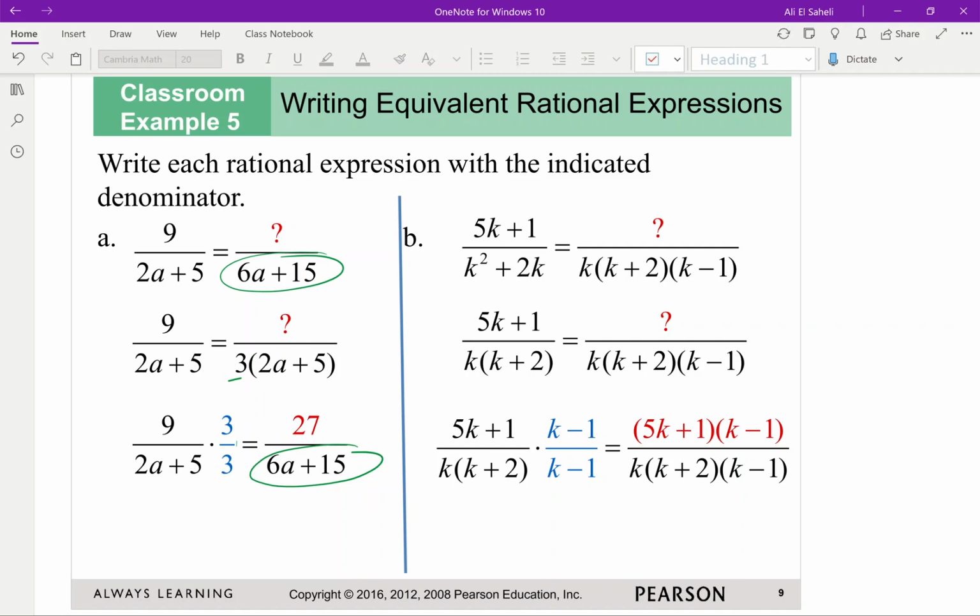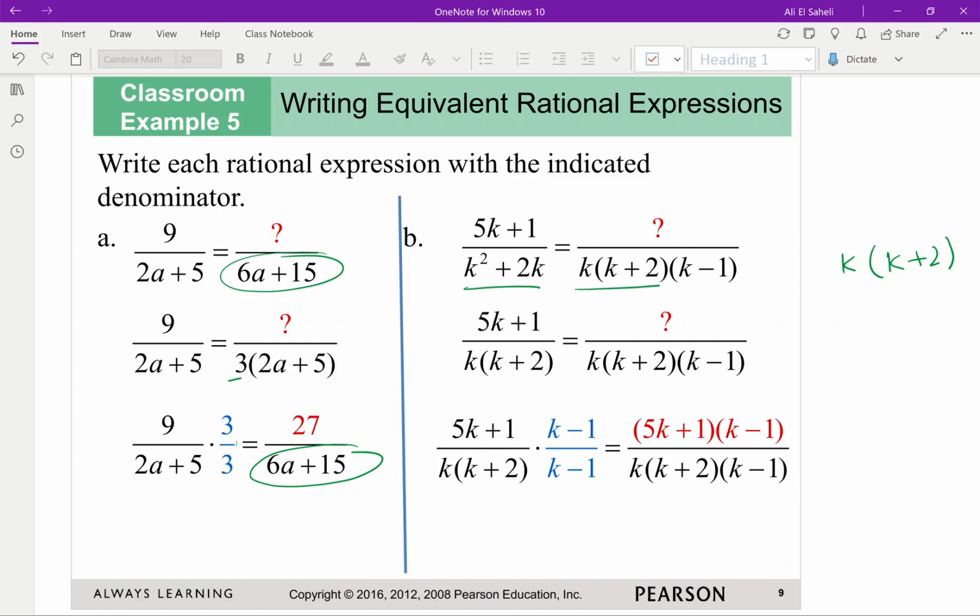Okay, this one. I want this one to become this. Now, exactly what is this? If you take k common, this is k into k plus 2. So I already have this.